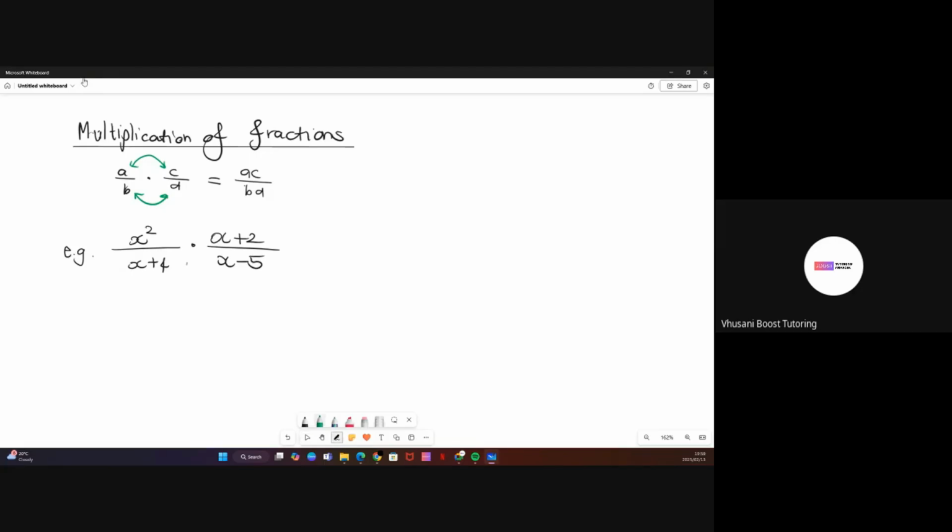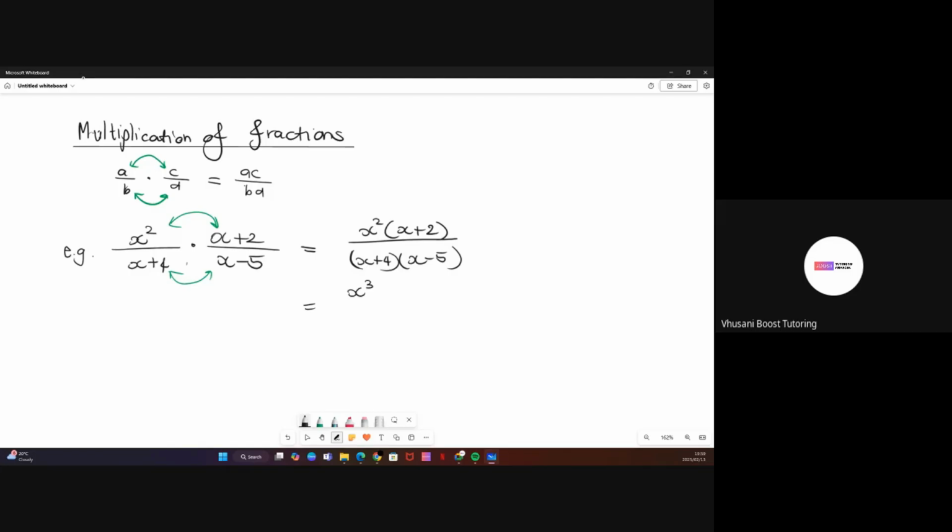Remember, if you see a multiplication or that dot in between those two fractions, all you have to do is multiply the numerator with the numerator, the denominator with the denominator. So technically, this is what we have: x squared multiplied by x plus 2 divided by x plus 4 multiplied by x minus 5. And then we just simplify everything.